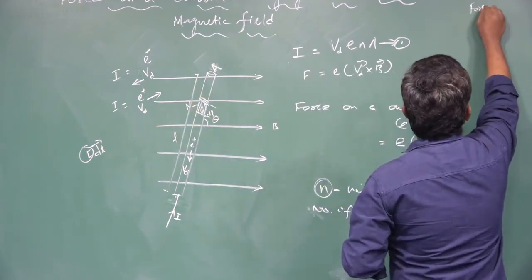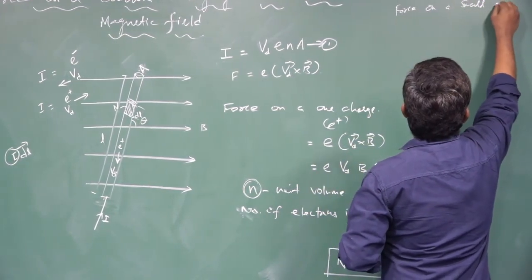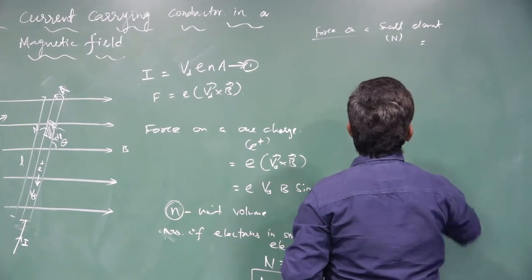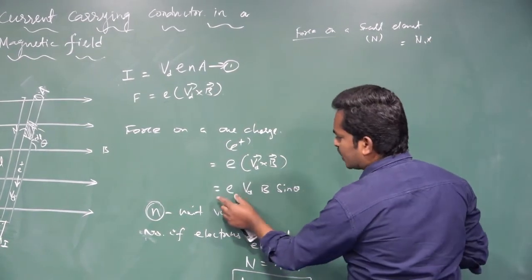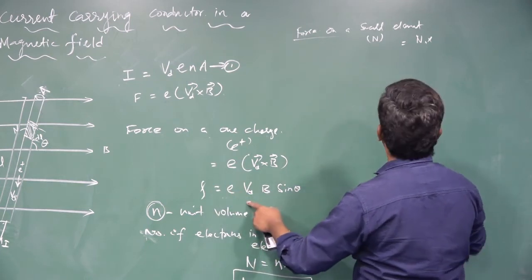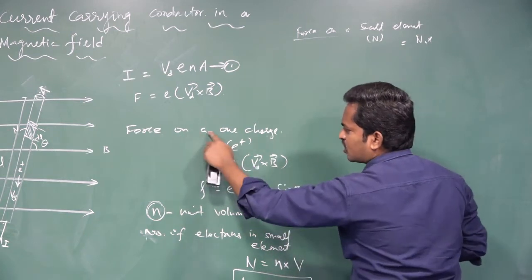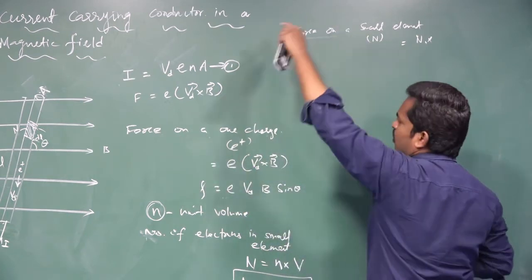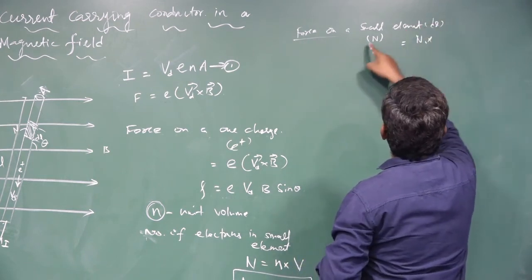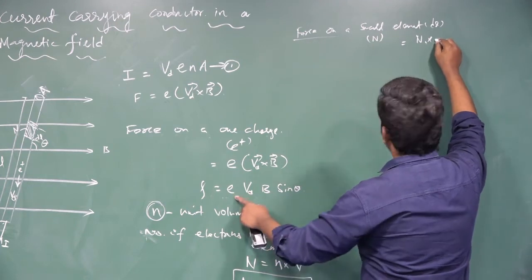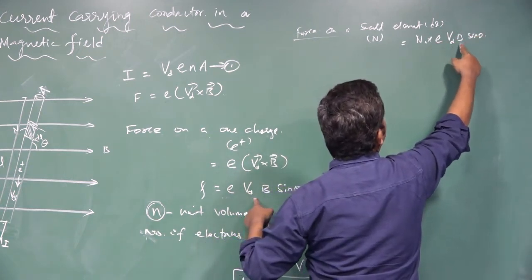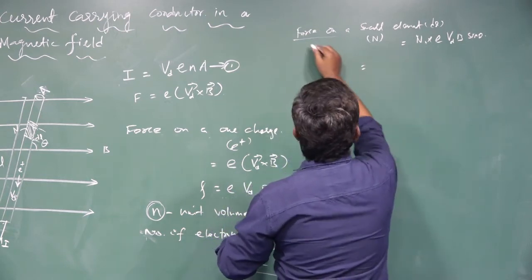The force on one electron is small f, which is equal to e Vd B sin theta. I want to calculate the force on a small element where N electrons are available. So the force on the small element dl, with capital N electrons, is equal to N into e Vd B sin theta.